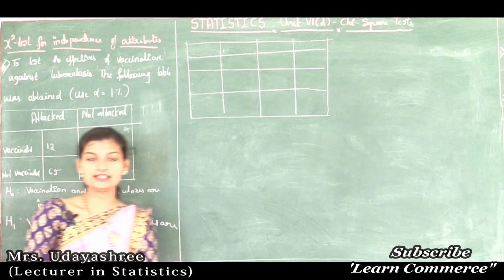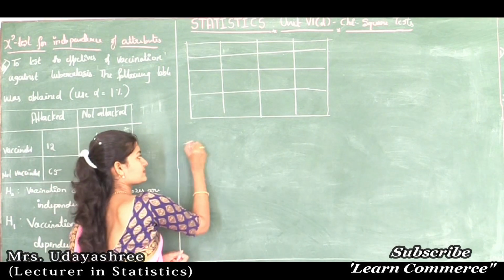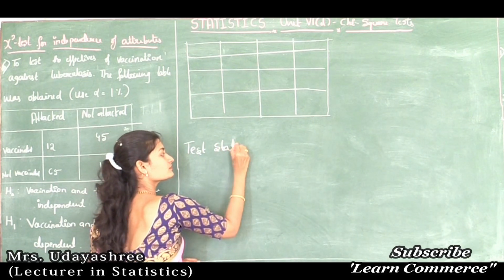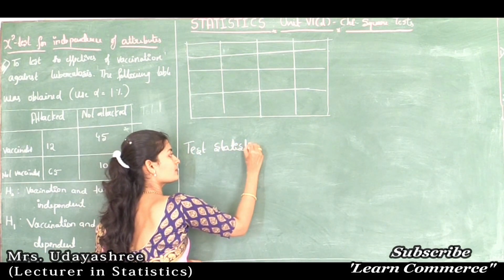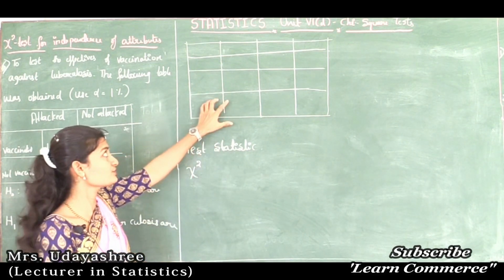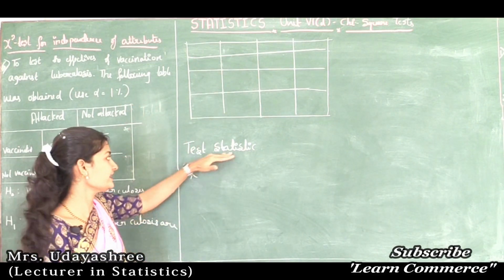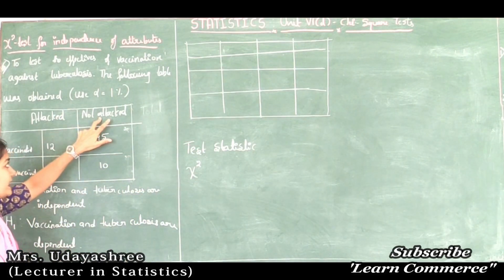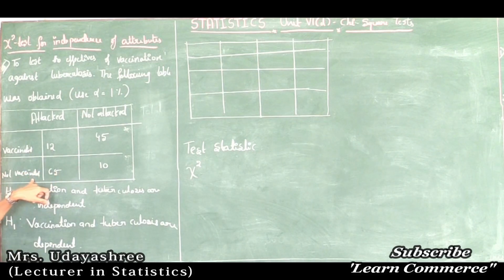Let's see step 3. Step 3 is test statistic. Based on a 2x2 contingency table we can write the test statistic. Here the given observations are attacked and non-attacked, and vaccinated and not vaccinated.